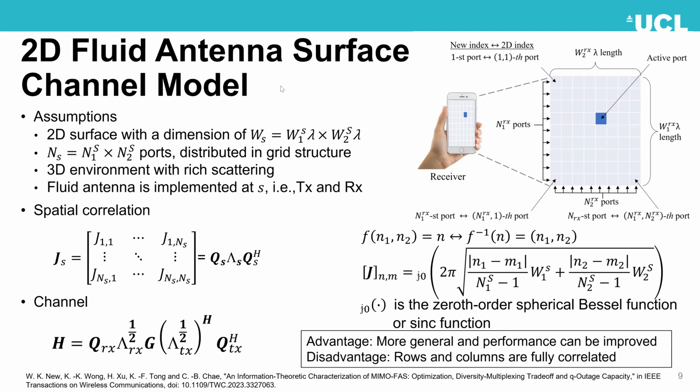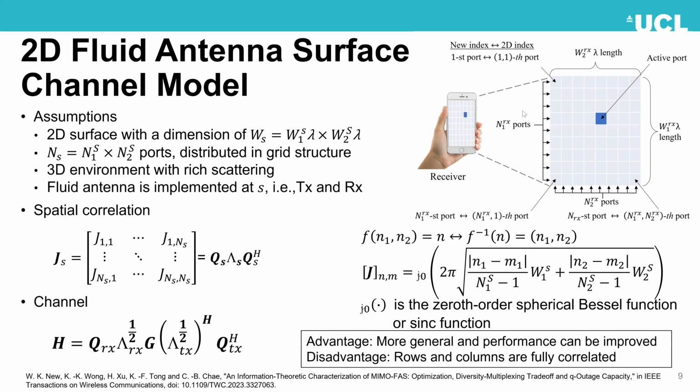Okay, so the generalized channel model can also be further extended to the 2D fluid antenna surface channel model. The key difference in this model is that the fluid antenna surface now has two dimensions. Each dimension has a specific length and a specific total number of ports, as shown in this figure here.